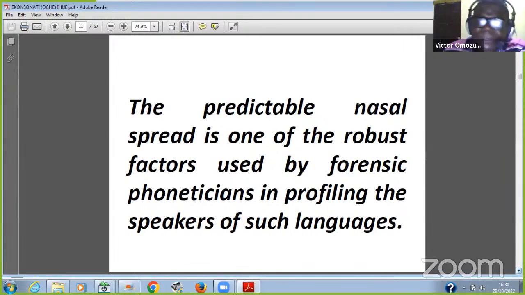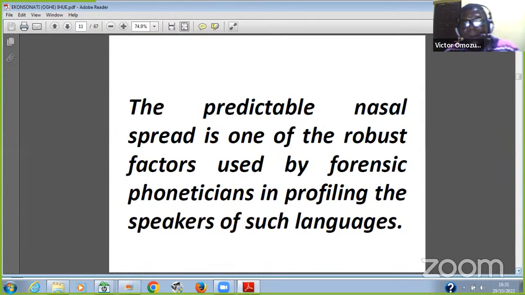The predictable nasal spread is one of the robust factors used by forensic phoneticians in profiling the speakers of such languages. Well, this is an applied area, an area in applied phonetics. You may have heard of speaker identification and all that.